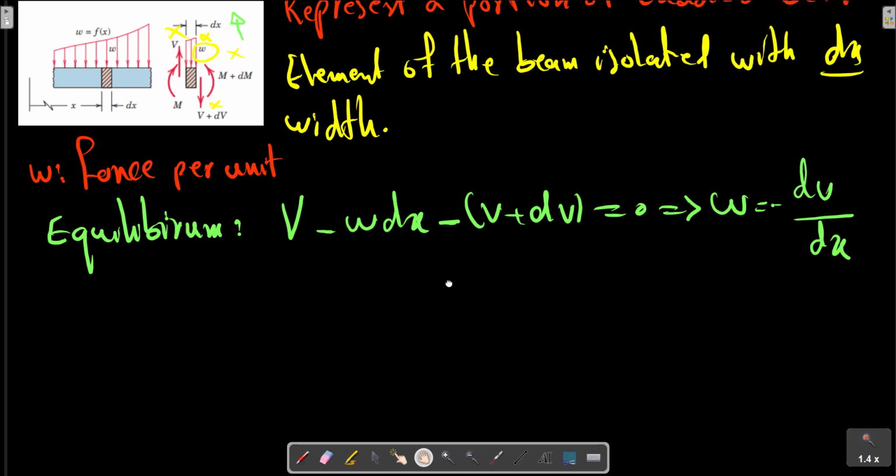These equations hold on either side of a concentrated load but not at the concentrated load, because of the discontinuity produced by the abrupt change in shear.